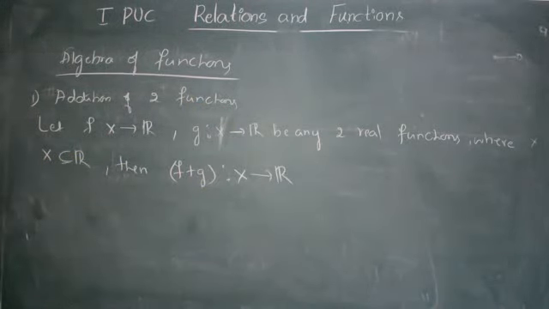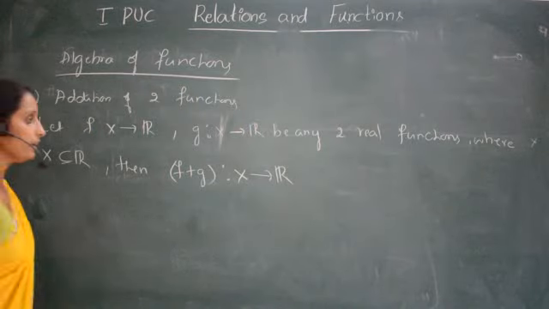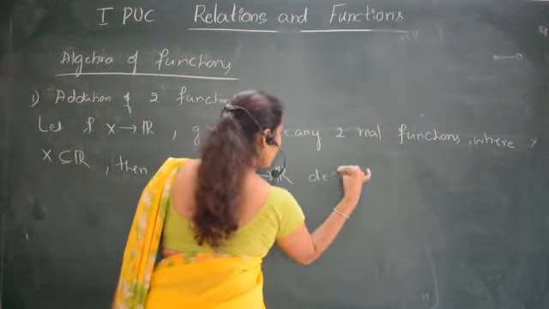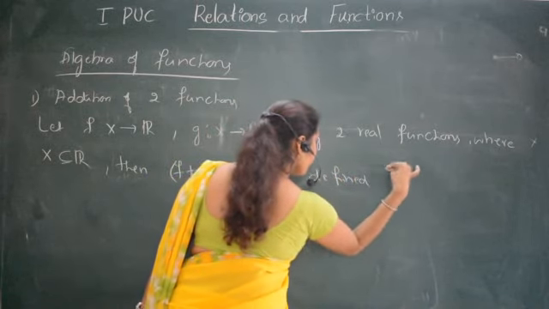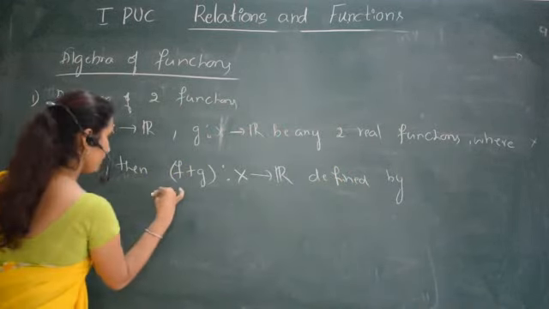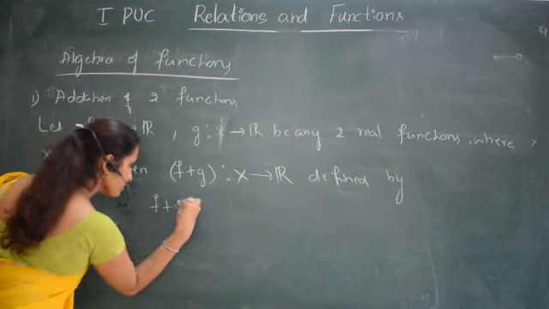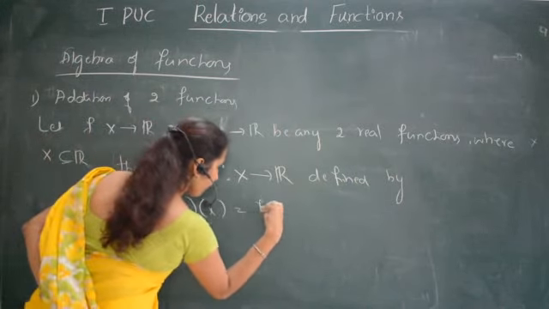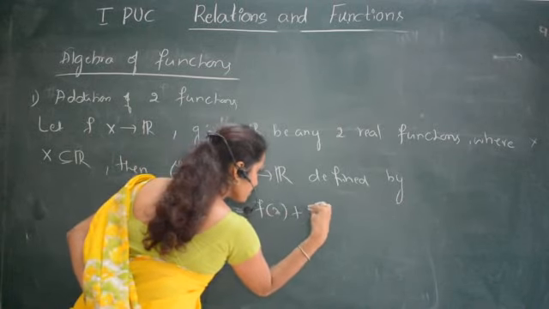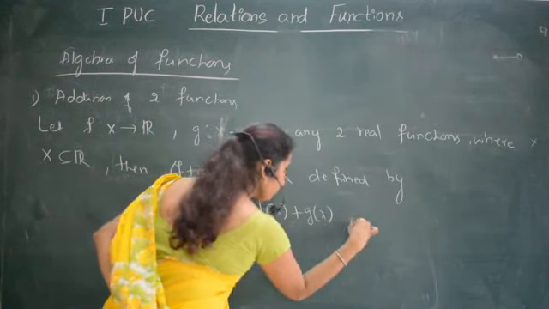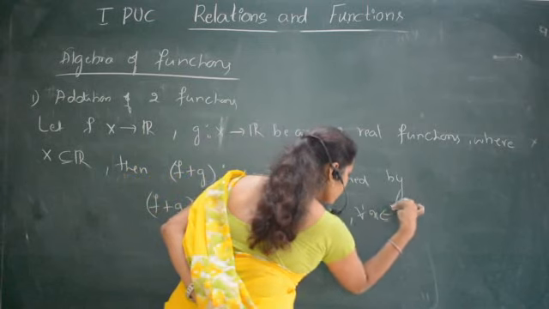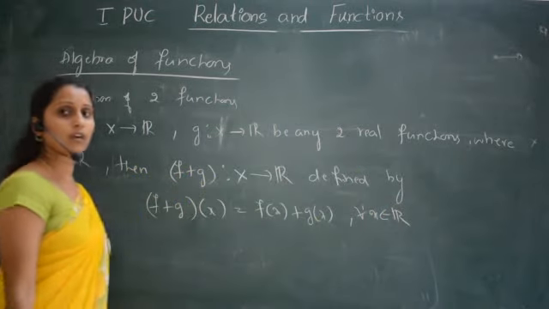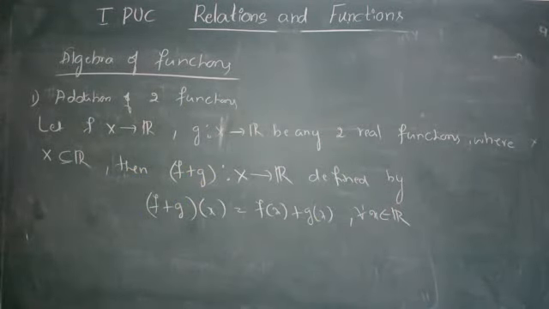Then f plus g is a function from x to r defined by f plus g of x is equal to f of x plus g of x for all x belongs to x.